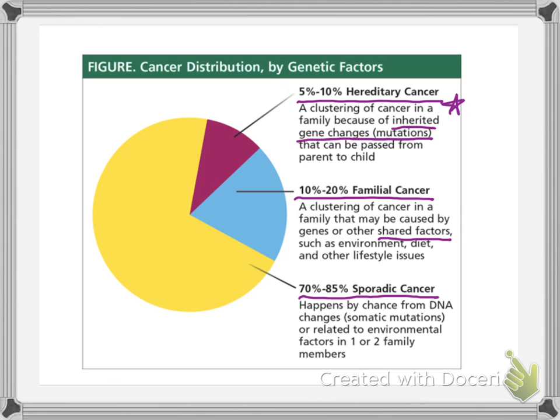And so we're seeing this family develop cancer, and that's not because of an inherited mutation, but rather because of a shared environmental factor that's triggering more somatic mutations. So we can see that too. But it's not just a chemical in the environment. It might be that they have similar lifestyles, so things like poor diet, smoking, things like that.